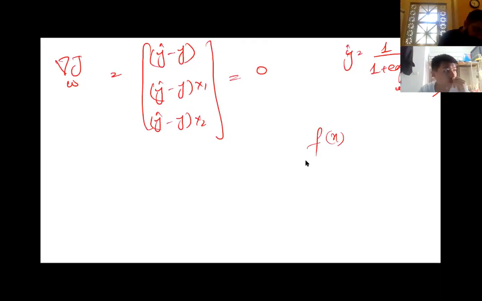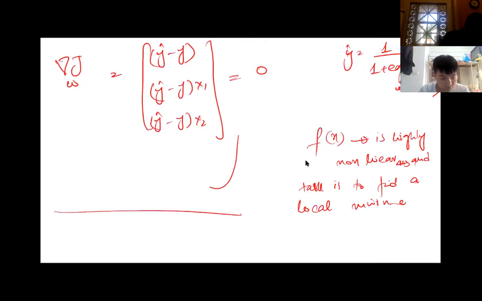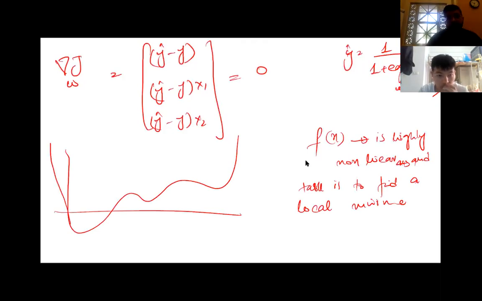So let's say that f of x is highly nonlinear, and the task is to find a local minimum. So f of x is a nonlinear function, something like this, and we want to find a local minimum.